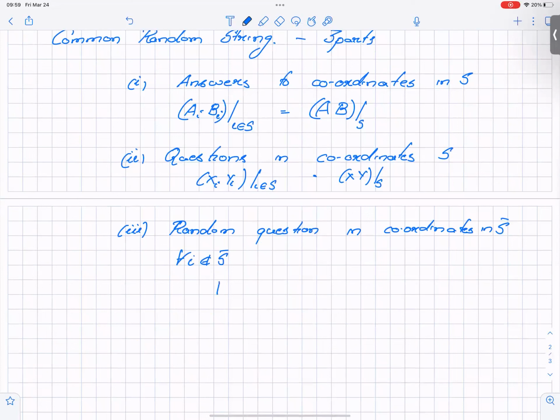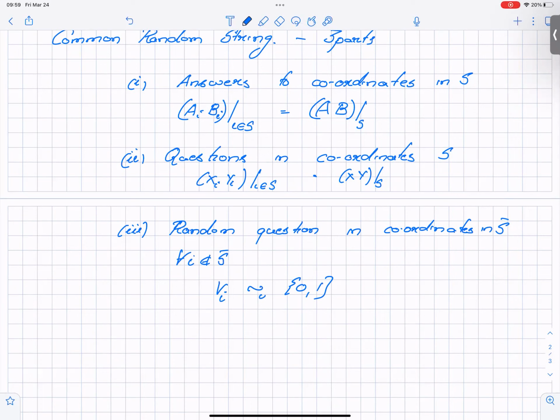We had defined V_i to be a uniform random bit. For every coordinate not in S, we tossed a coin to decide whether you're going to give Alice's question or Bob's question.